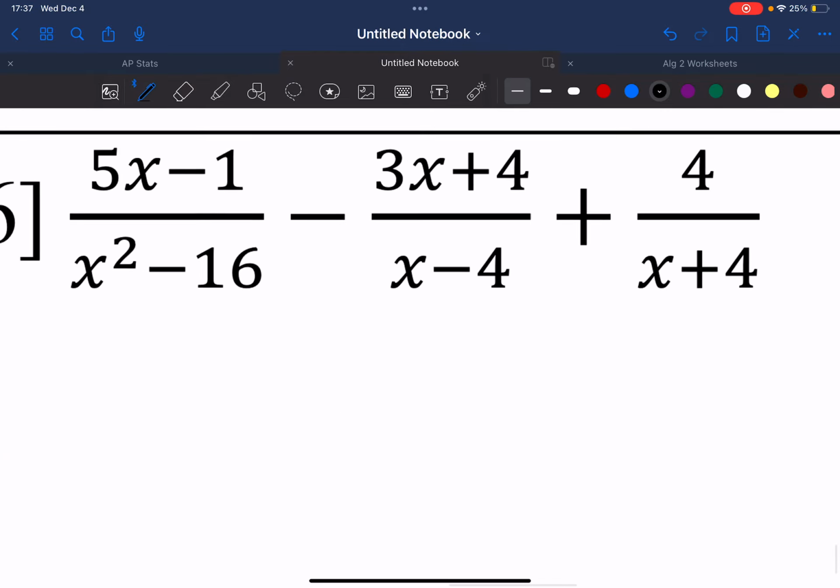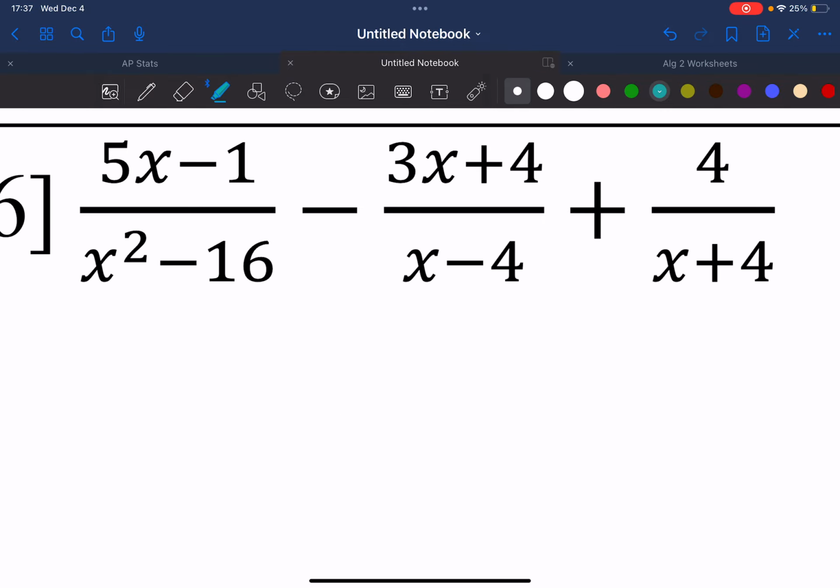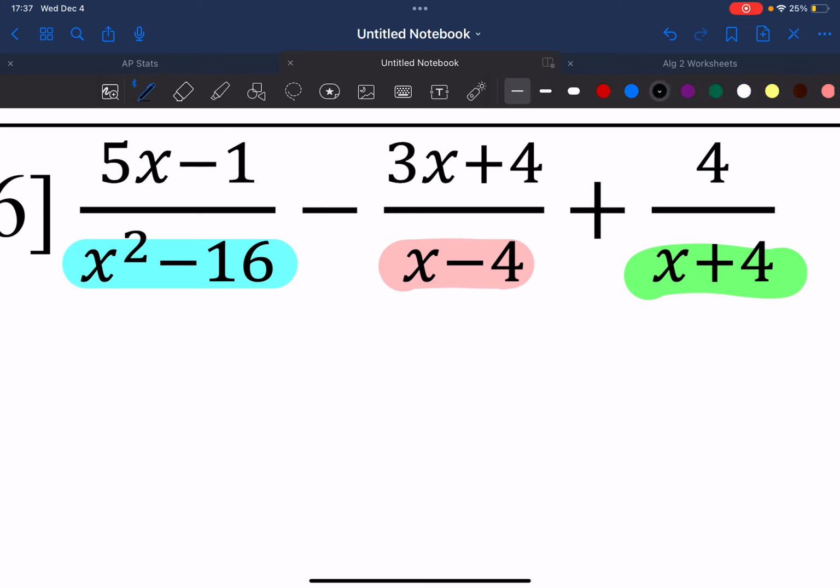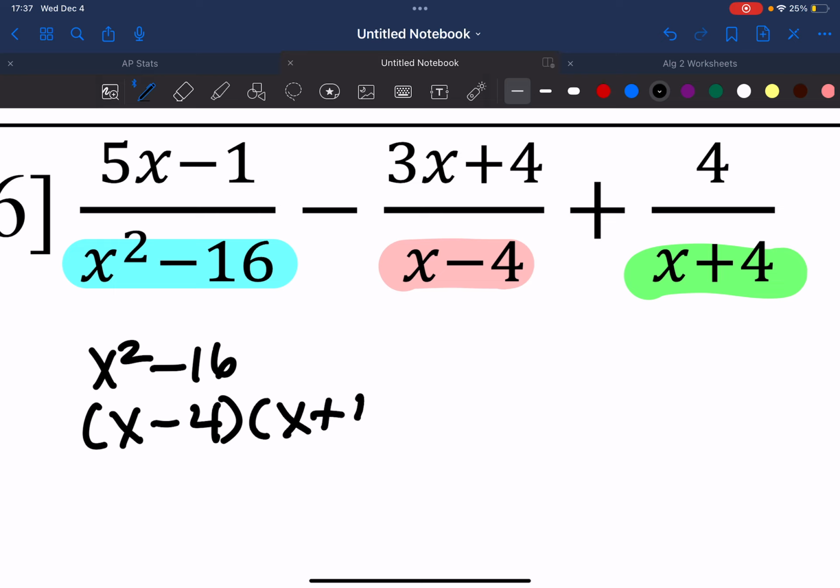Number 6. I look at each of the denominators and see which one or if any I can factor. So the first one, x squared minus 16, is actually a difference of squares, which means I can simplify this to x minus 4 times x plus 4.